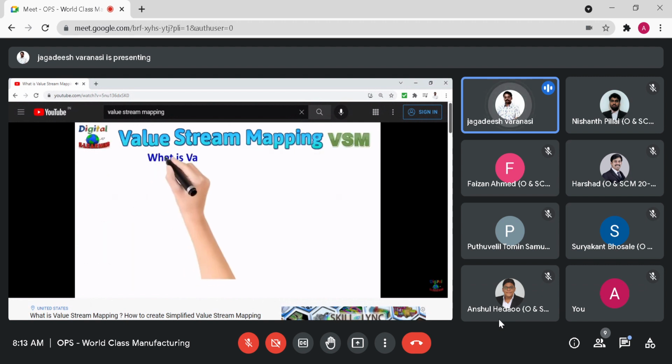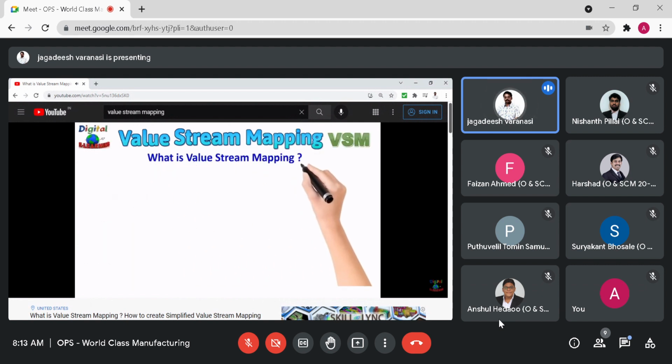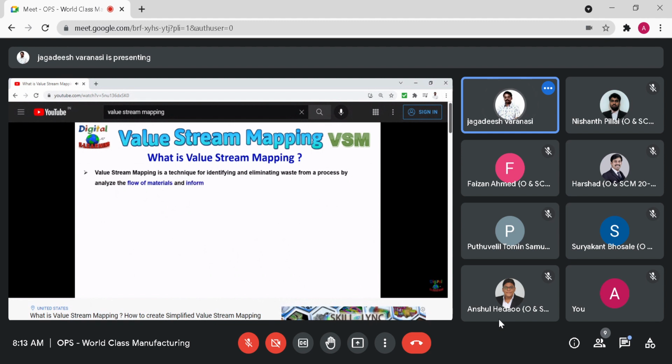So what is value stream mapping? Value stream mapping is a technique that is used for identifying and eliminating waste from the process by analyzing the flow of material and information currently required to bring the product or service to the end consumer. So what is value? Value is something that the customer would pay for.